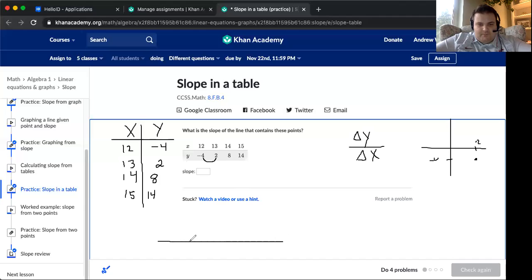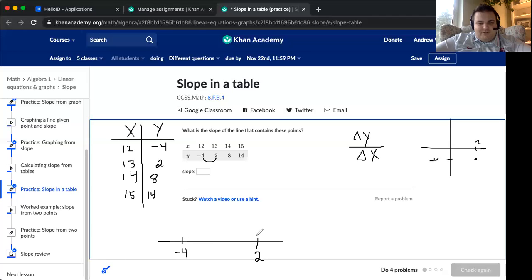So like on a number line, you have -4, and you have 2.